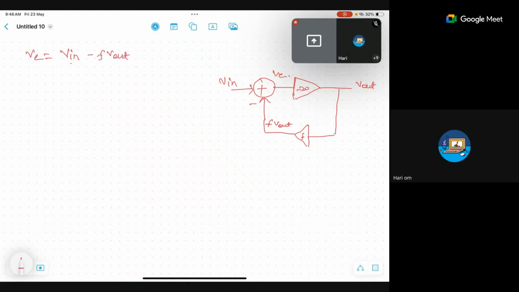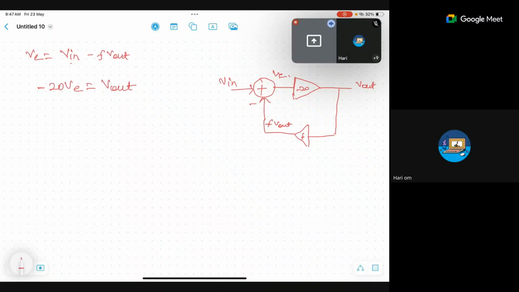Okay, so I think the feedback path is clear. Now minus 20 VE, we are getting a V out. Okay, VE multiplied with minus 20, we are getting the V out.